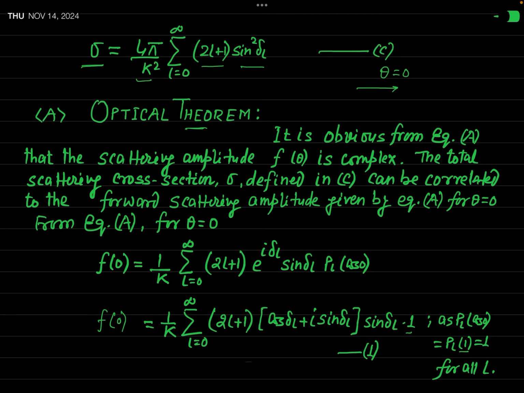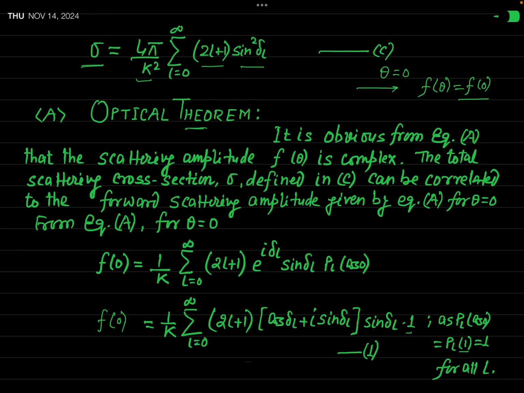Then the forward scattering amplitude, that is f of theta equal to f of 0, can be related to this sigma. How can we relate the total scattering cross section with the forward scattering amplitude? You can see.